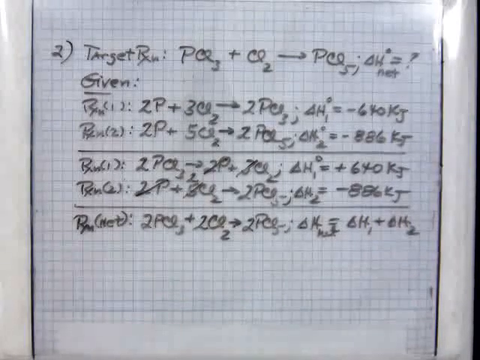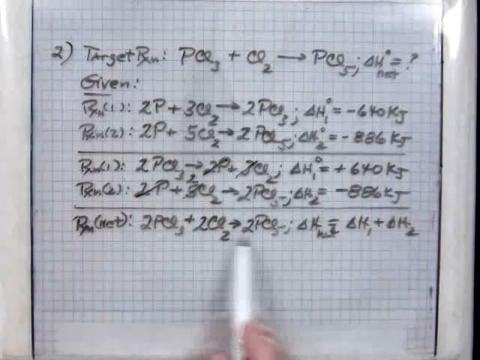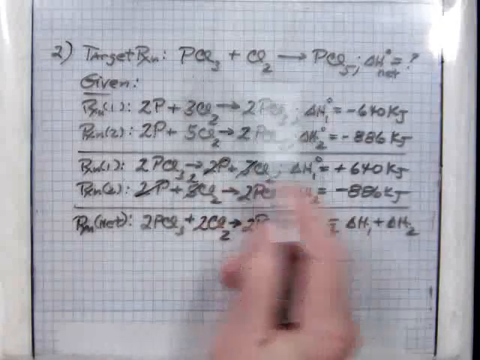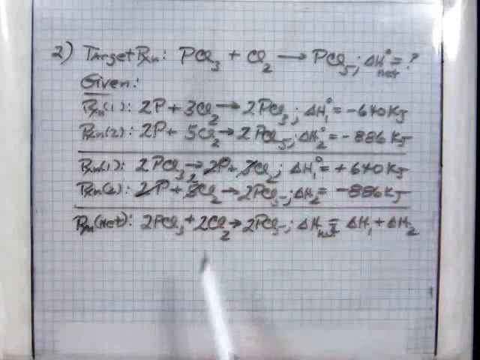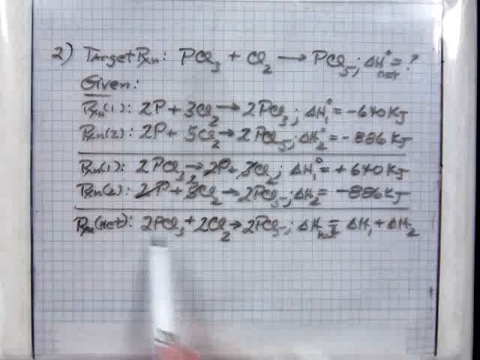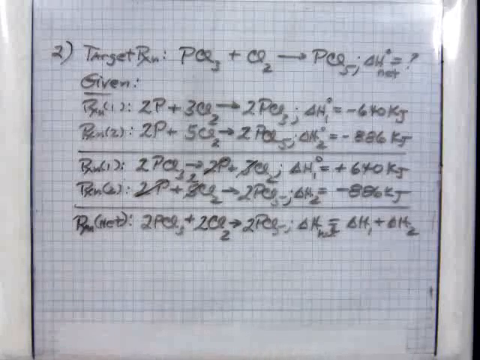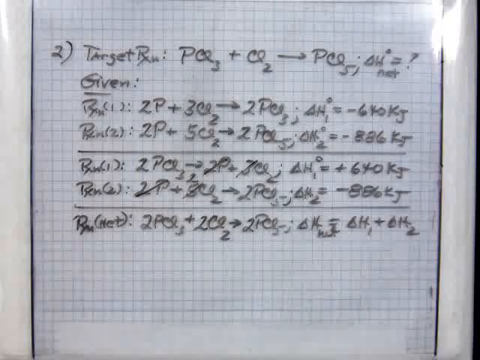However, when you look at what we have here, look at the net reaction and look at your target reaction here. Okay, what do you see? Everybody has a coefficient of 2. Well, you can divide that reaction by 2 all the way through. That is, you have to divide both sides of the reaction, is what they say in math. You can do anything to an equation as long as you do it to both sides, right?